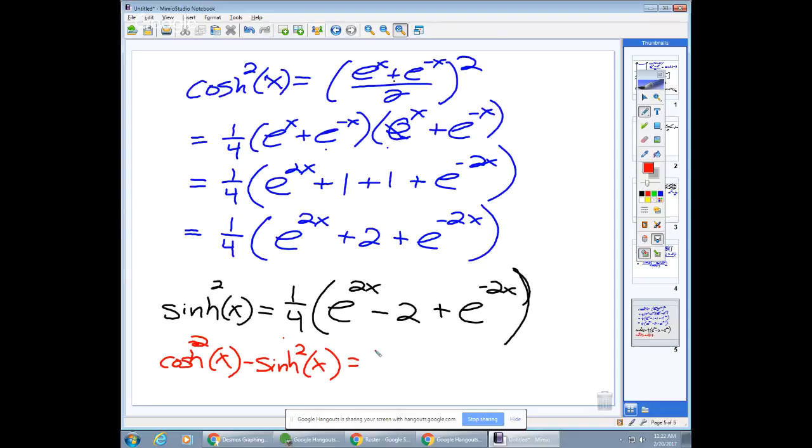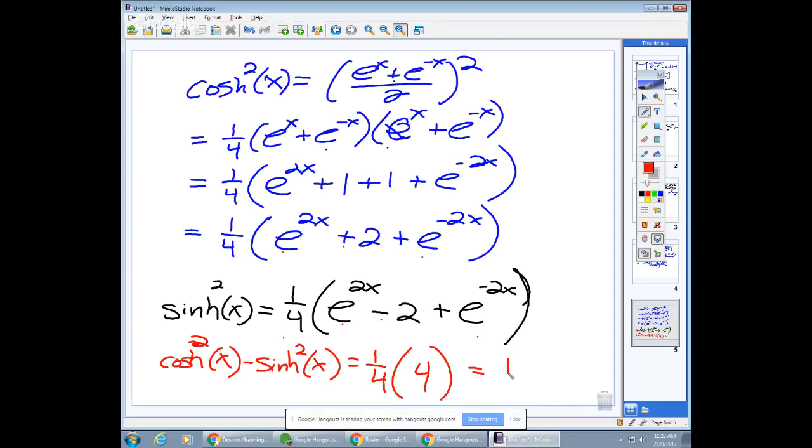And so I'm going to have a quarter times, well, an e to the 2x minus e to the 2x. Bye-bye. I'm going to have a 2 minus a -2, which I think is a 4. And I'm going to have an e to the negative 2x minus e to the negative 2x, which is 0. So the difference of the squares is 1.